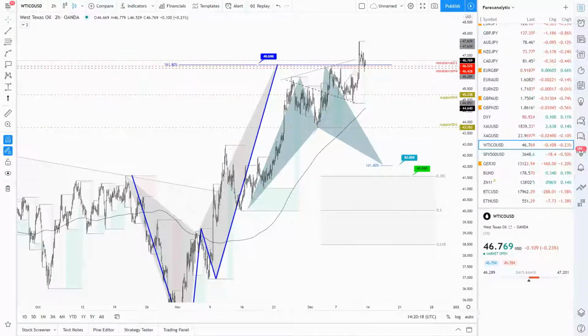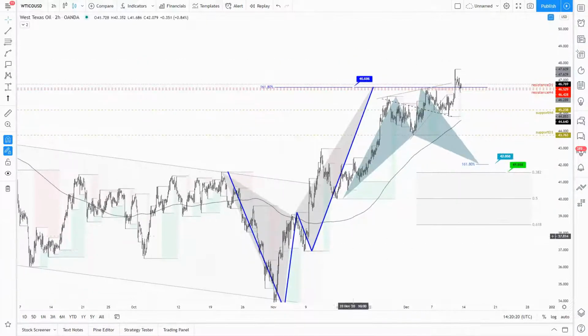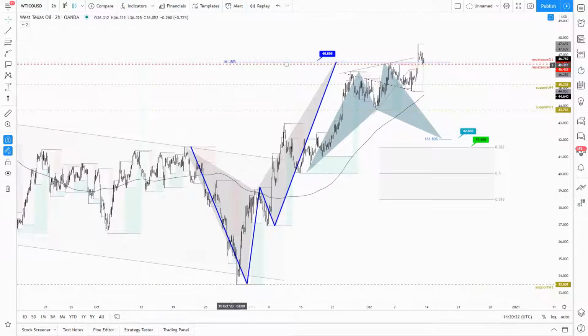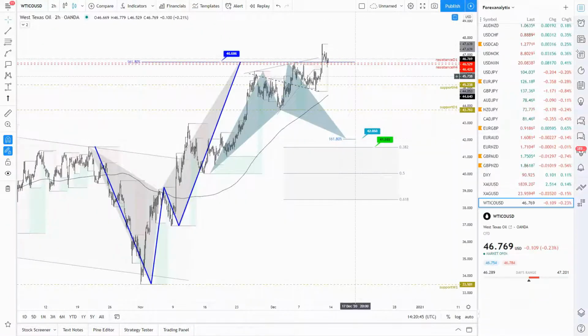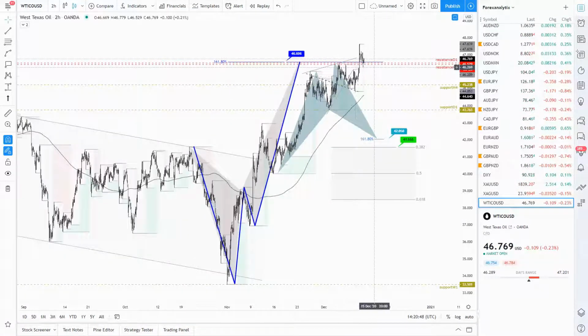Now, this is crude oil, or West Texas oil, and I was expecting a deeper retracement for crude. It's not impossible to happen, but at this point, with the Canadian dollar also being so heavy, I will not be surprised to see more upside for crude oil.